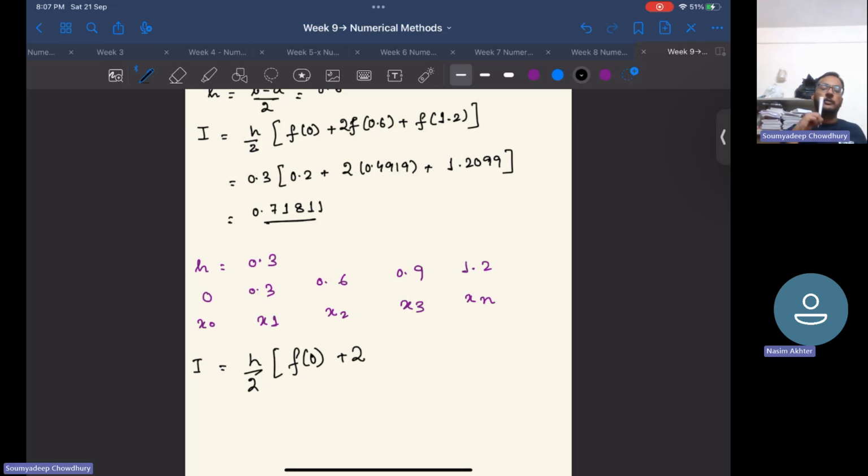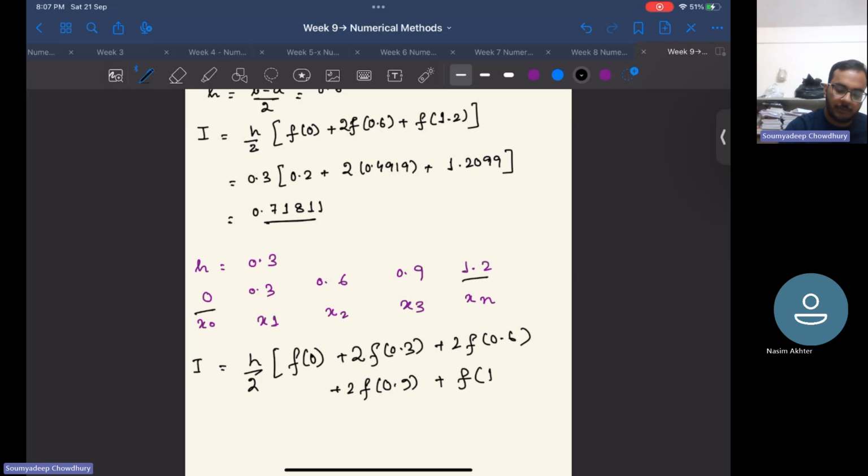This is the trapezoidal rule we are doing, right? Here there is no concept of even and odd. That is in Simpson's rule. Here only the first term and the last term will be one time and all others will be two times. So it is 2f of 0.3, 2f of 0.6, 2f of 0.9 plus f of 1.2.